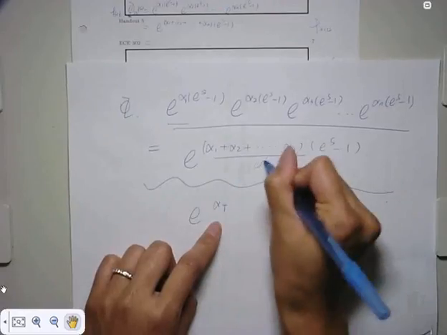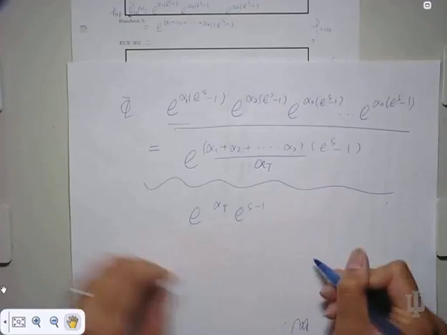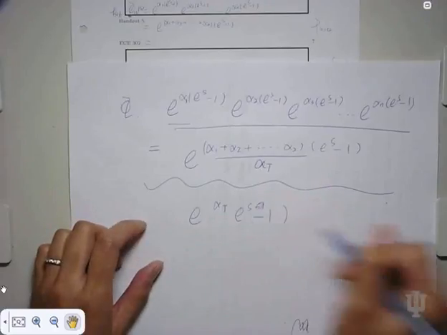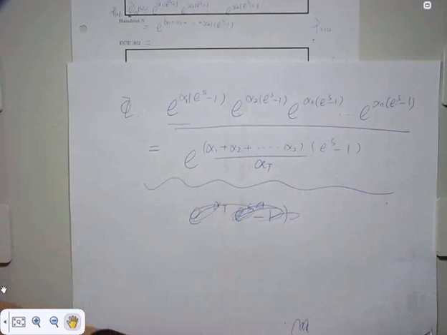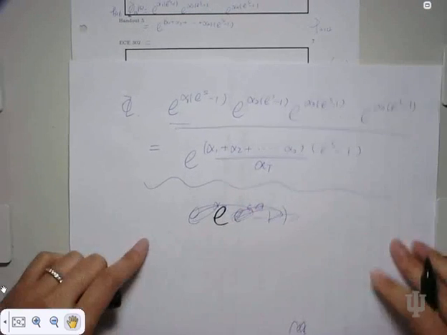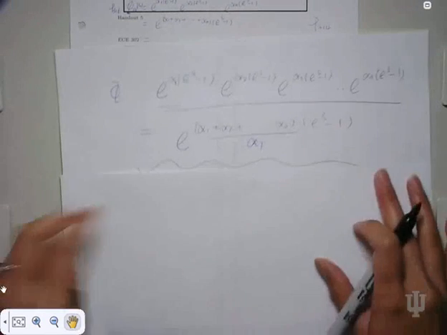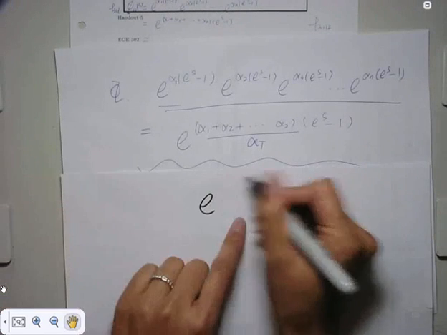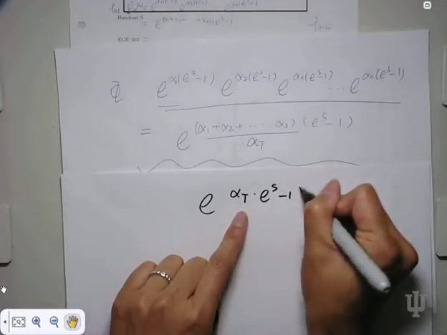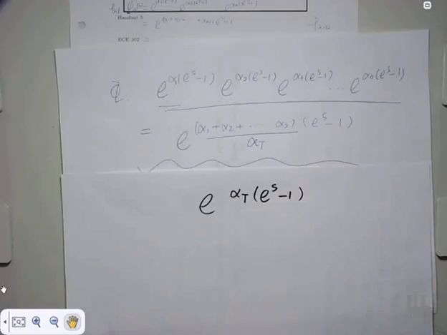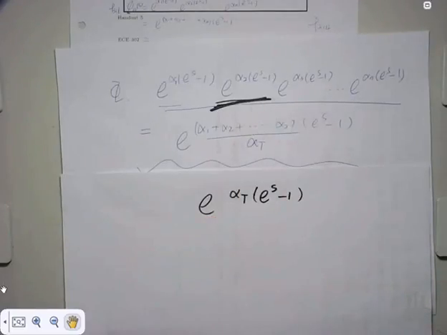If I call this alpha total, sorry about my writing. This gives me e to alpha t times (e^s minus 1) here, right? This is still a Poisson, right?